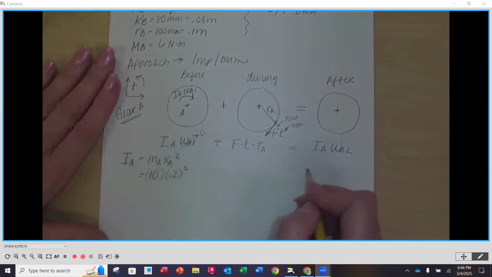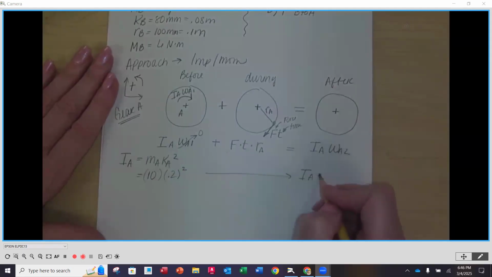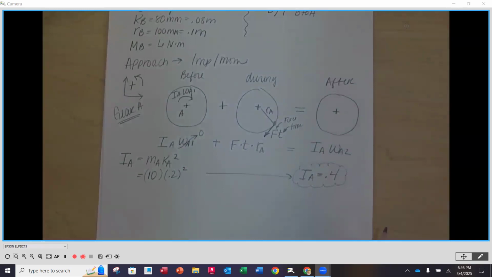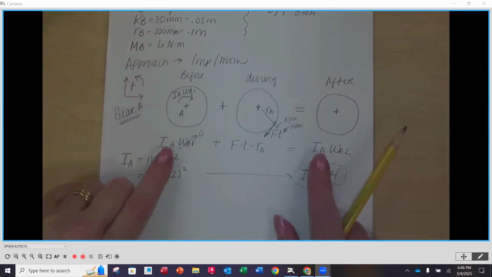So my IA, moment of inertia of A, is going to be 0.4.